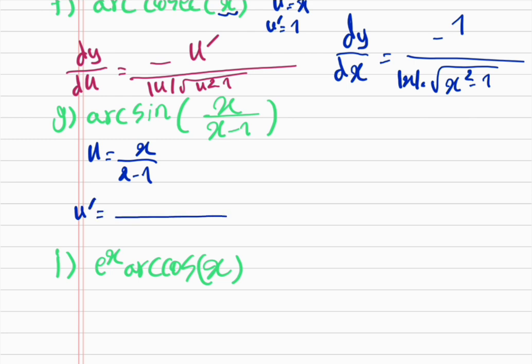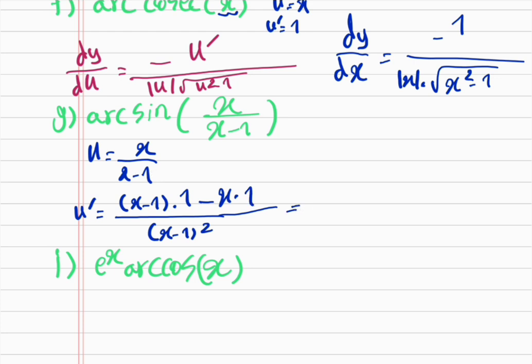u dash is equal to the denominator squared, and then the denominator function times the derivative of the numerator function. So the numerator function is x and differentiates to 1, minus, now it's the numerator function times the derivative of the denominator function. x minus 1 differentiates to 1.